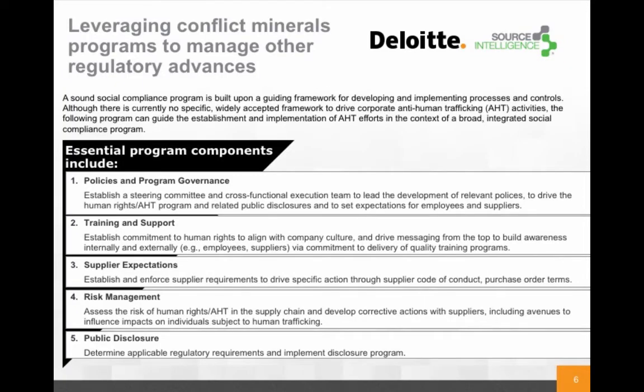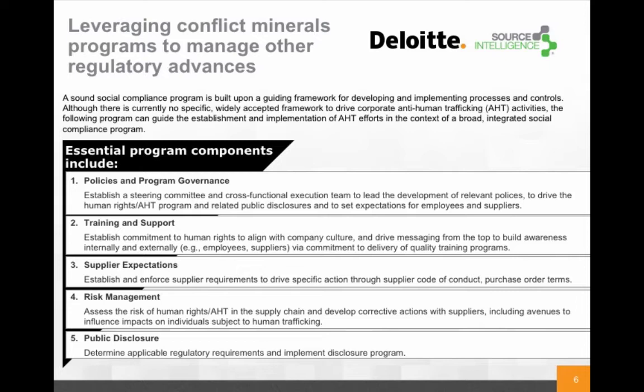So moving to the focus on perhaps the more practical steps of an approach and a disciplined program around broadening compliance efforts to anti-human trafficking. As I was introducing, a sound social compliance program is built on a guiding framework for developing and implementing processes and controls.